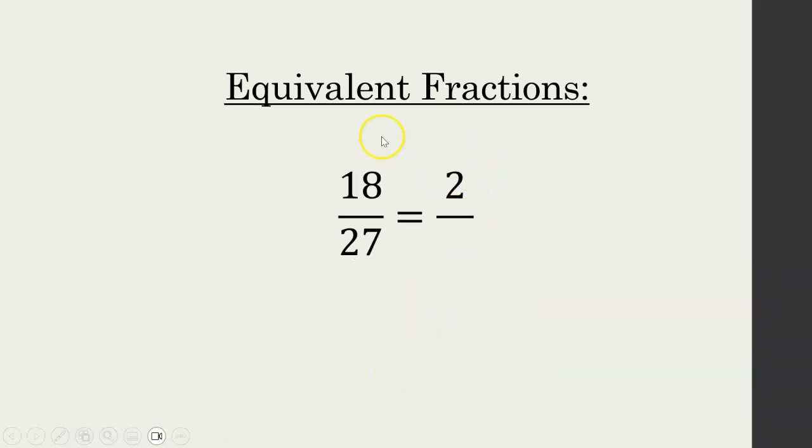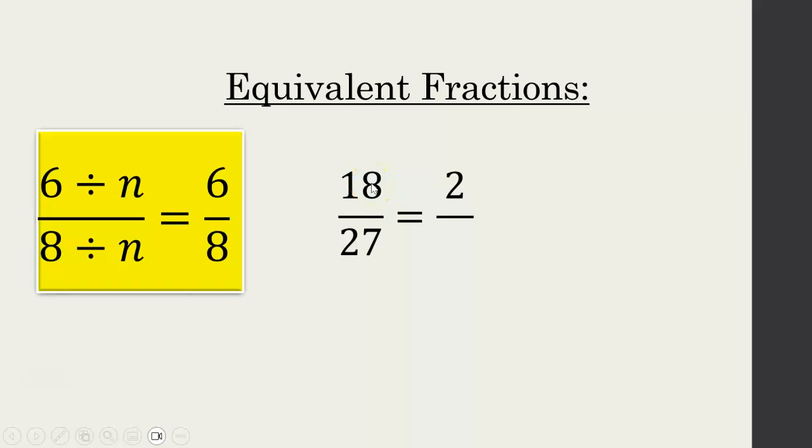Okay, different one now. I have 18 over 27 is equal to 2 over something. So what is it going to be here? Now, think about it. Remember, I can multiply or divide, so I want to get 18 down to 2. Can I multiply 18 somehow to get to 2? Not really, no. Can I divide 18 by something? Yes, I can. Well, remember, I could divide it by 9.